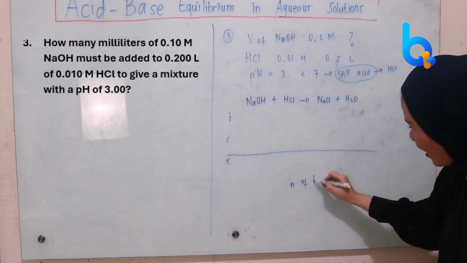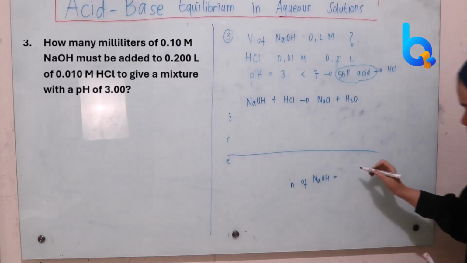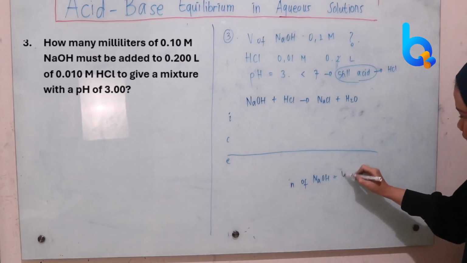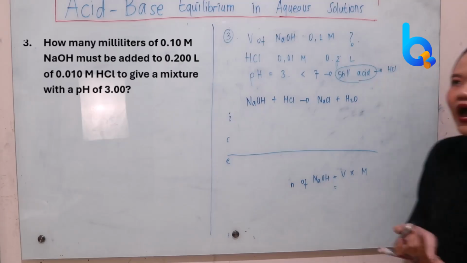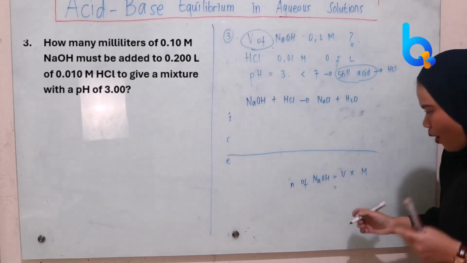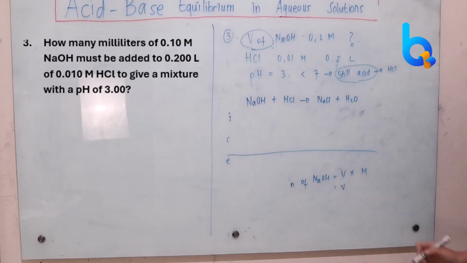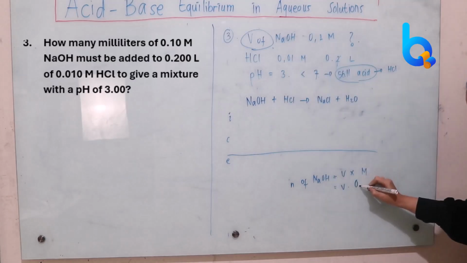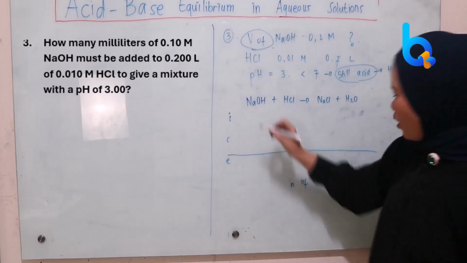The moles of NaOH would be given by V times molarity, but we don't have the volume. We need to find the volume in the answer, so we can put V times 0.1 molarity of NaOH.